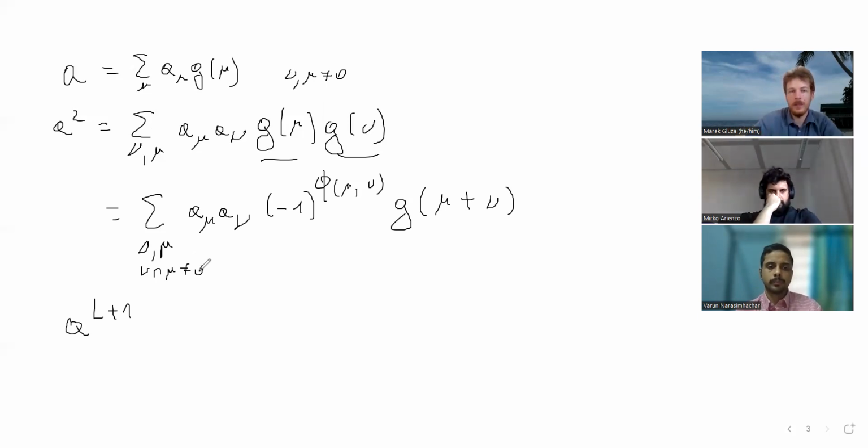But now if I have L plus 1 powers, then I have L plus 1 polynomials. So this is a summation of polynomial mu1 until mu L plus 1. So L plus 1 multiplications. And I could also set up the notation here.